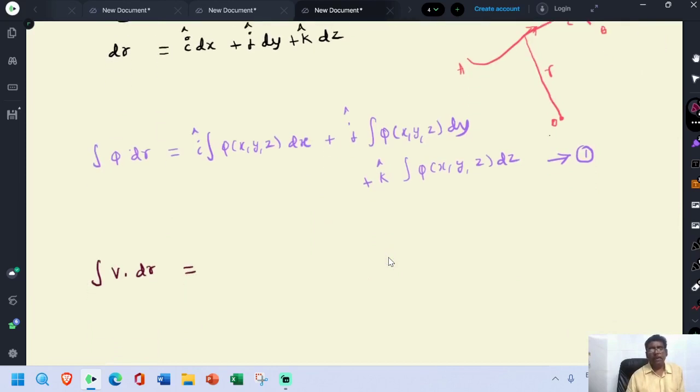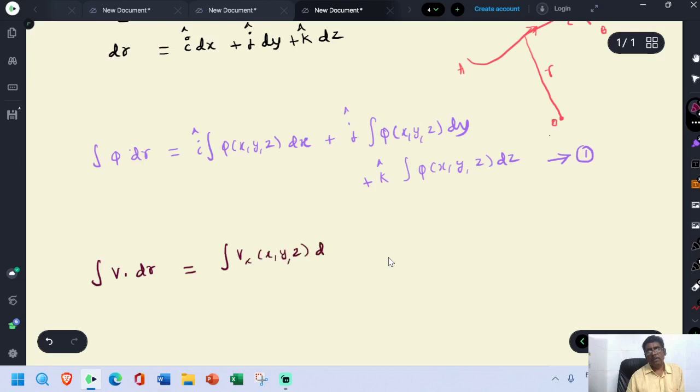So that this is i dot i, integral vx of x, y, z into dx plus vy of x, y, z into dy plus vz of x, y, z into dz. Here also we have to put contour C.